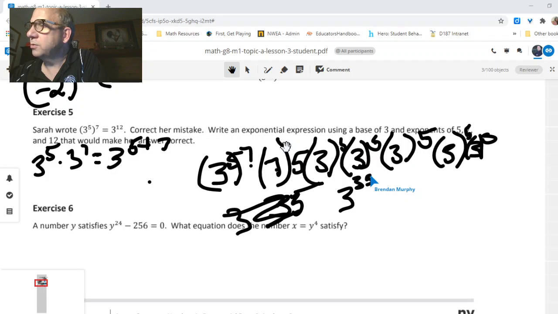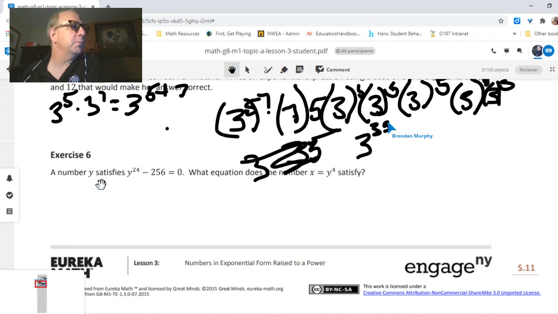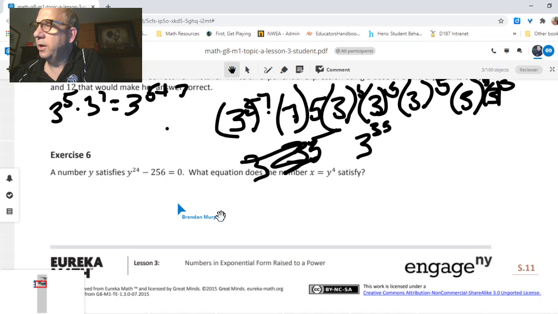So let's try exercise 6. A number y satisfies y to the 24th minus 256 equals 0. What equation does the number x equals y to the 4th satisfy? So if I'm going to do that equation, I have x equals y to the 4th.